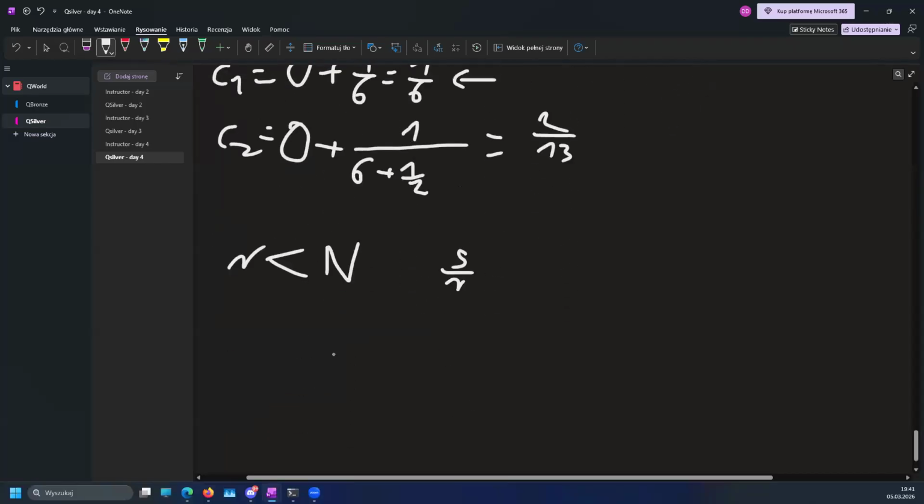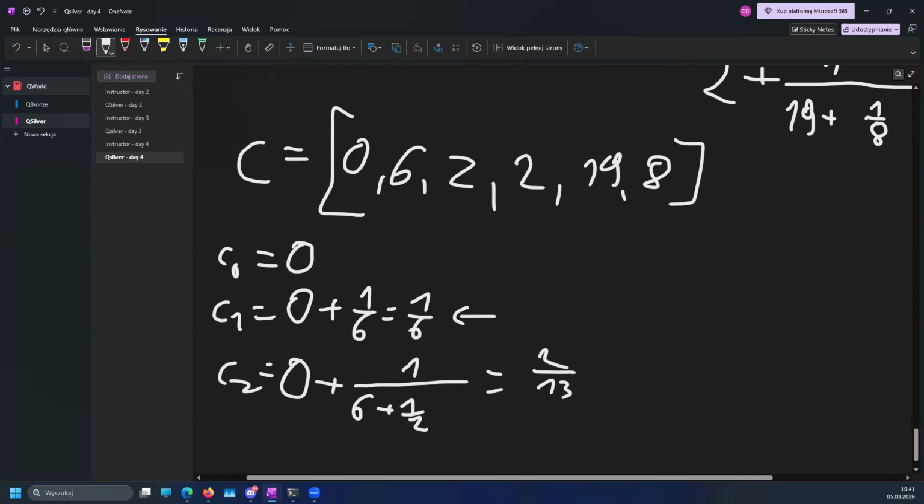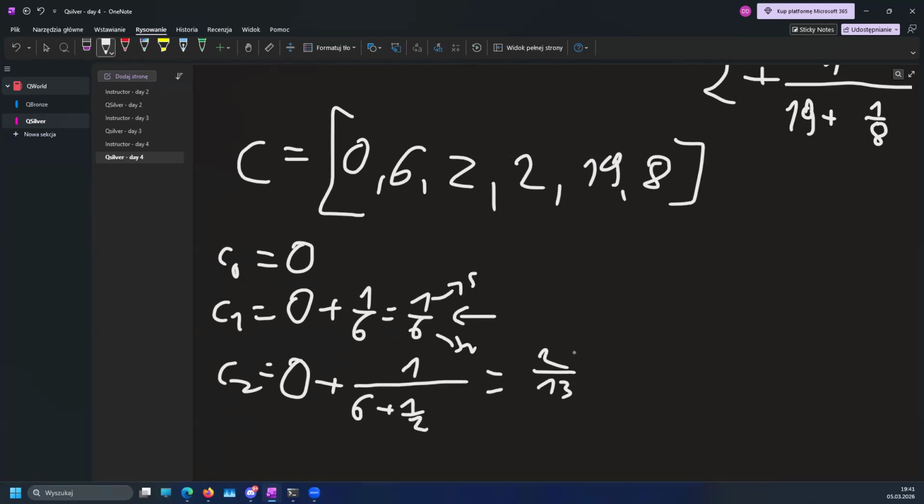Now we can see that here we have S, here we have S, and here we have R. Here we have another S, and here we have another R. So we have different choices for S and R depending on which convergent we stopped.